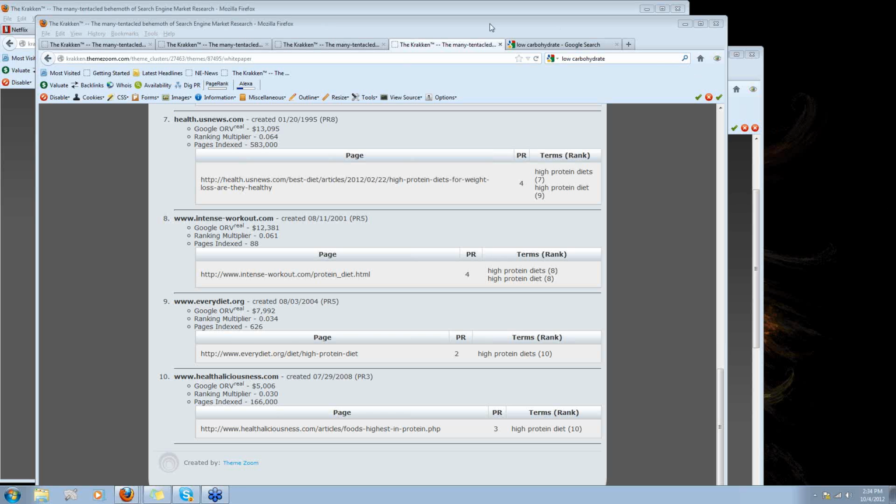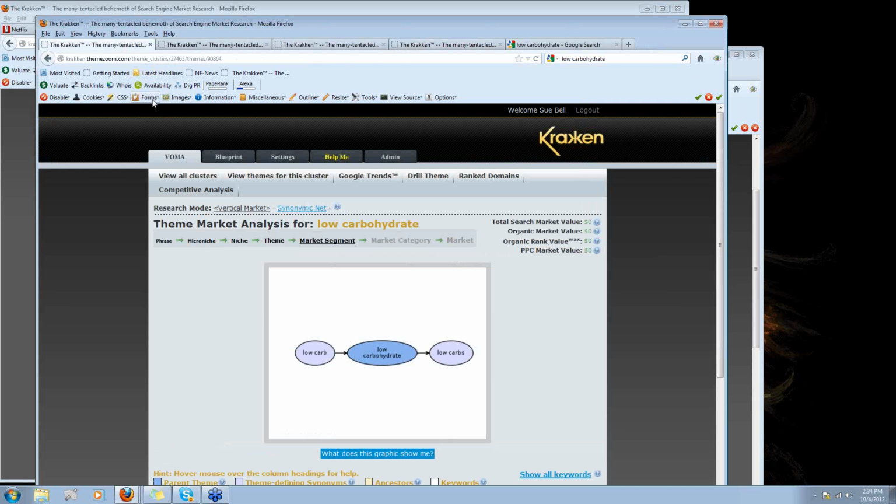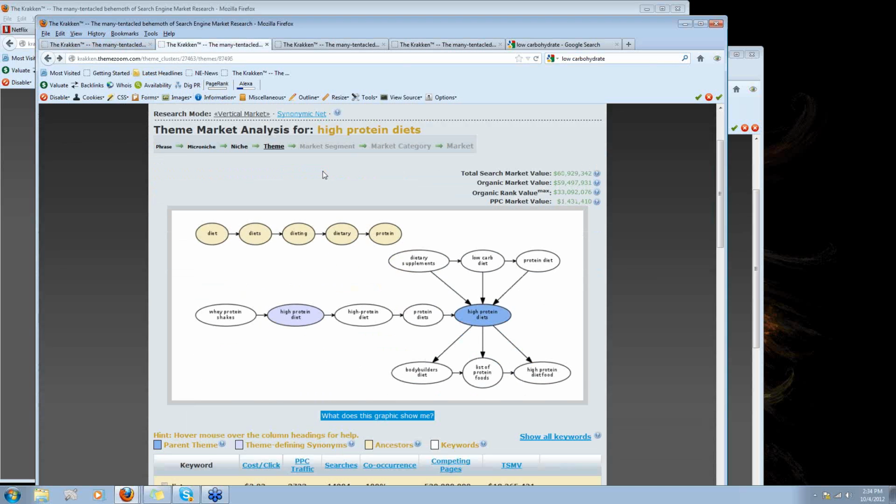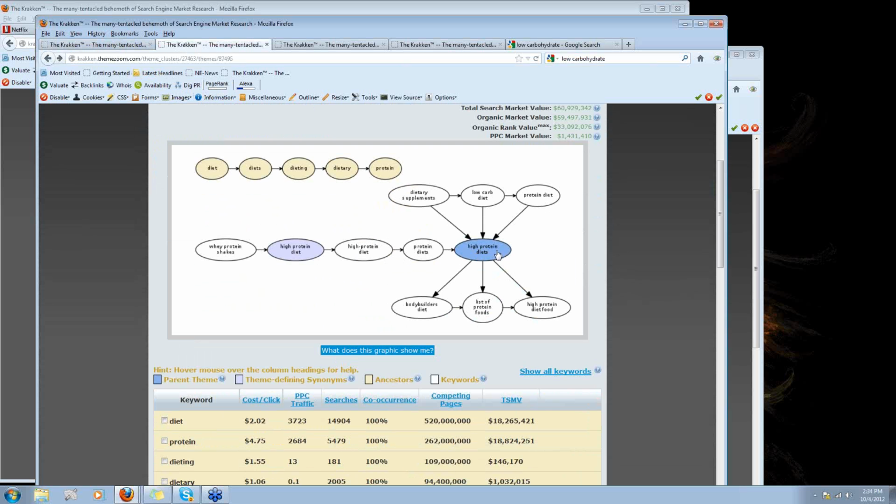Let me come back here for a second. This particular keyword is my parent theme. These are tangent concepts, closely related tangent concepts to my parent theme. If I drill from high protein diets into one of these, like maybe protein diet, I would see even more tangent markets.